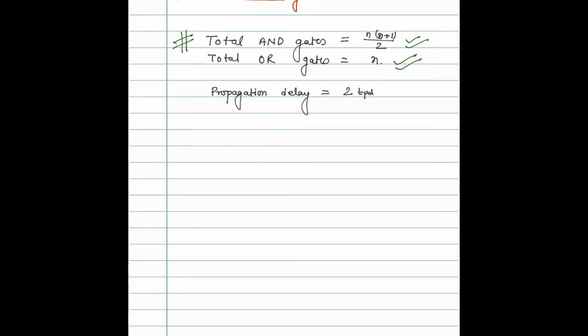Here the propagation delay is 2 tpd, whereas in the parallel in serial out ripple carry adder the propagation delay is 2n tpd. So here n does not appear, because extra hardware is used which lets us calculate the carry before the addition actually takes place.